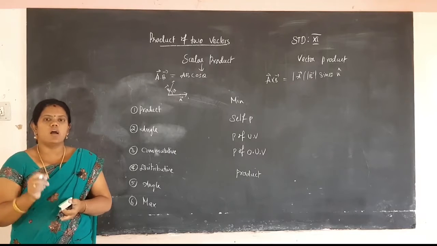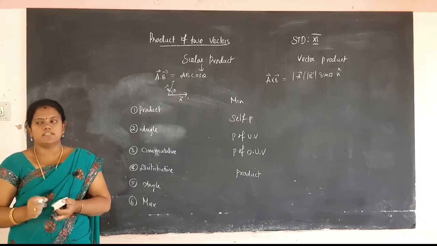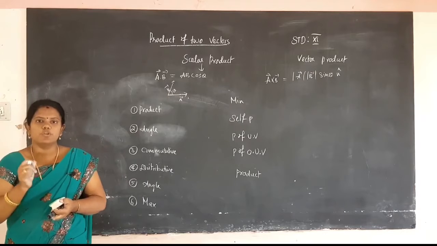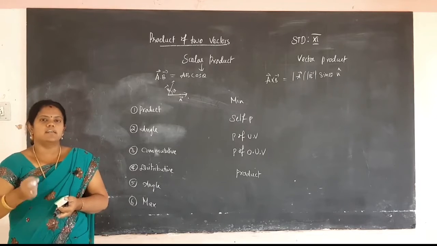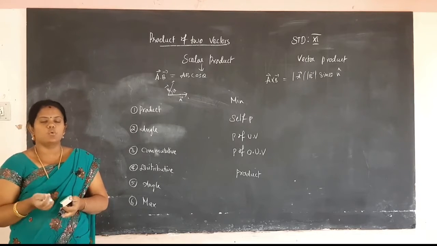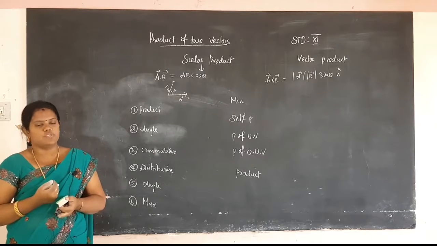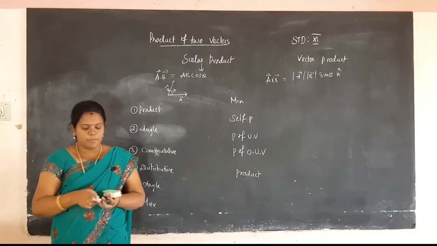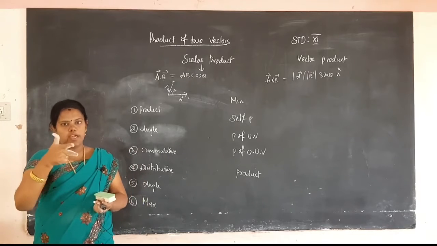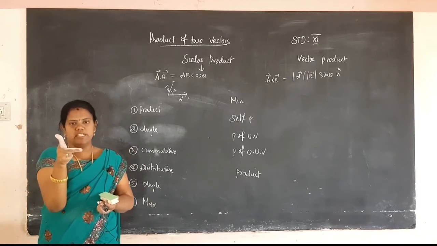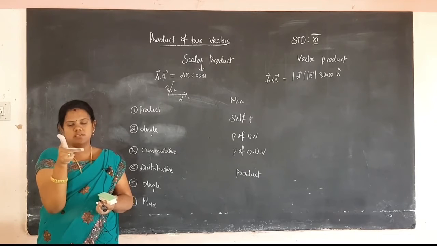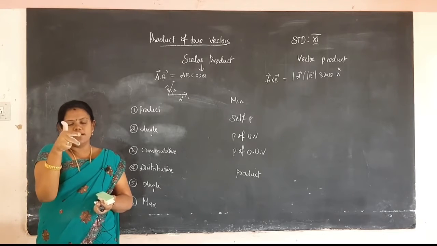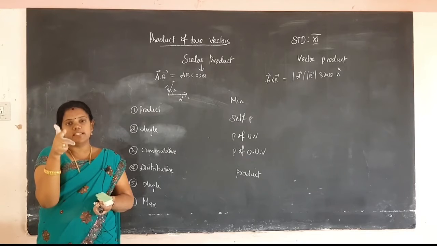How will you measure the direction of two vectors? To mention the direction, we take the right-handed corkscrew rule or right-handed thumb rule. A, B vectors I take in two fingers, and the thumb represents the resultant vector as well as the direction.